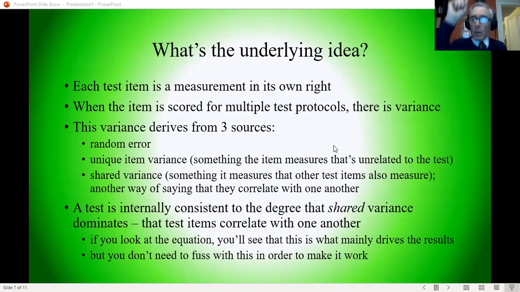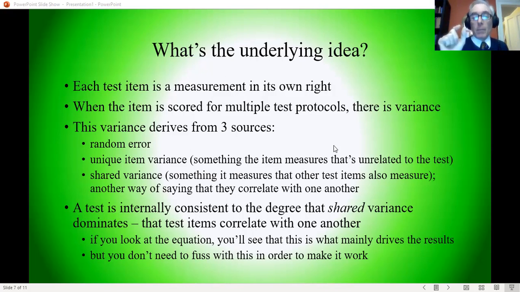Now, when you score the item for a bunch of people who took the test, there's going to be some variance, unless everybody answers it in the same direction, then the variance is 0. But if you have some people saying yes and some no, or some people getting different scores, there will be variance. Now, just zero in on that. What's variance for the individual item, like item 4?